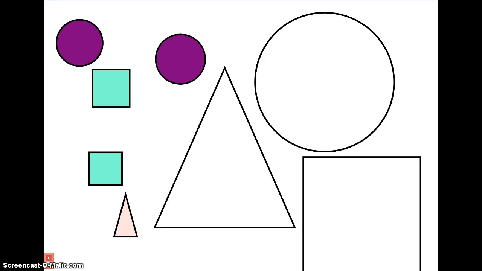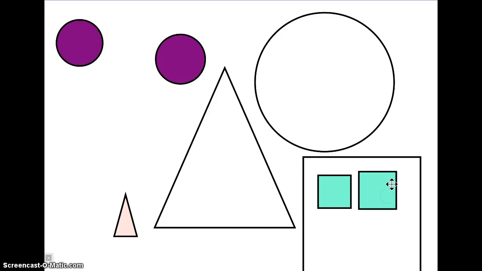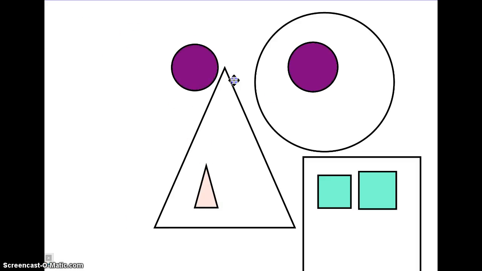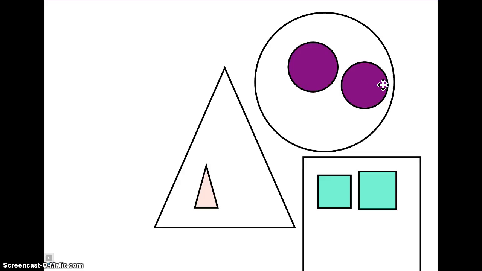The first game is to have students place the correct smaller shapes into the larger shapes. And then you tell students if they have the correct shapes in the correct boxes.